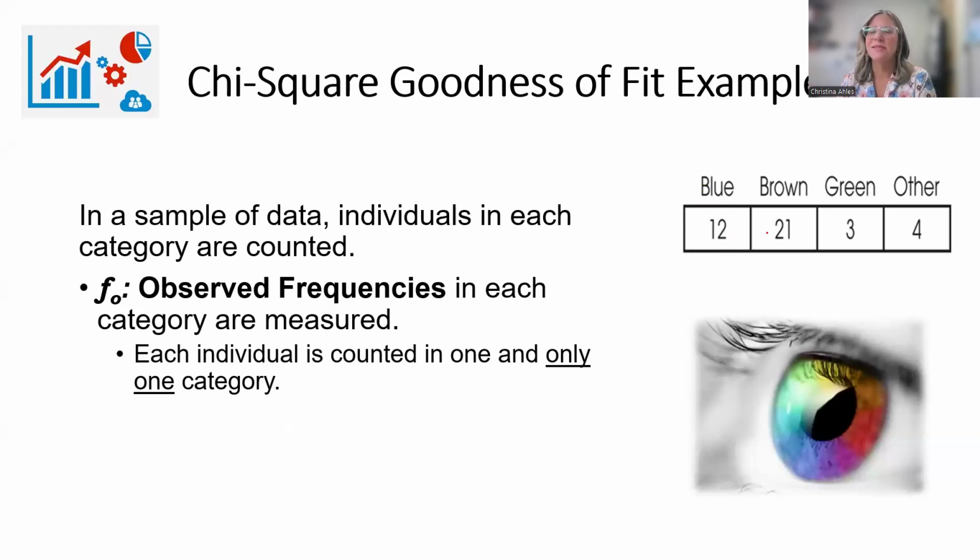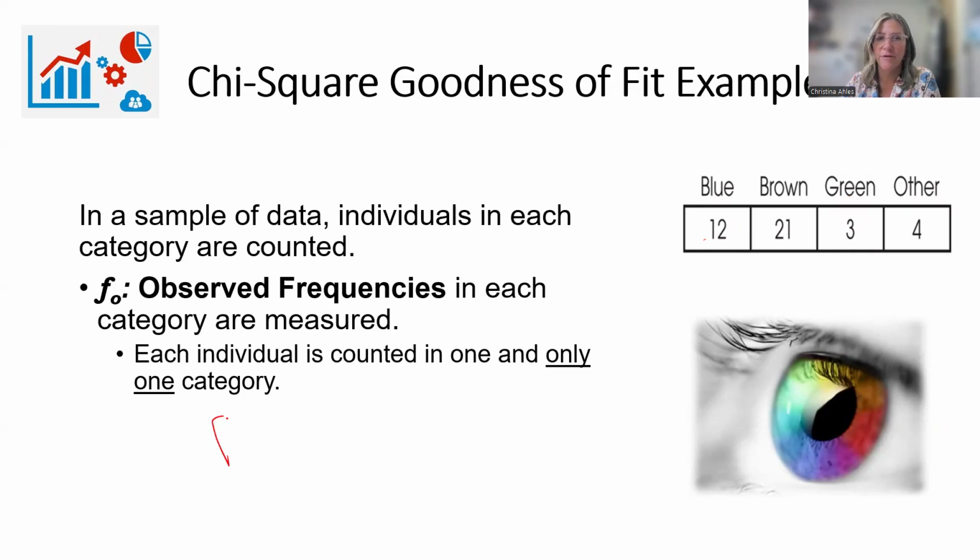Let's say you have someone that says, well, I'm kind of blue eye and green eye. I'm a little bit of both, so I put me half in blue and half in green. You can't do that. You have to choose. So probably if somebody has a mixed, bluish green, then they'd have to go in the other category. You can't go half and half. Only one person per category, one time in a category. With the observed frequencies, these are always whole numbers.